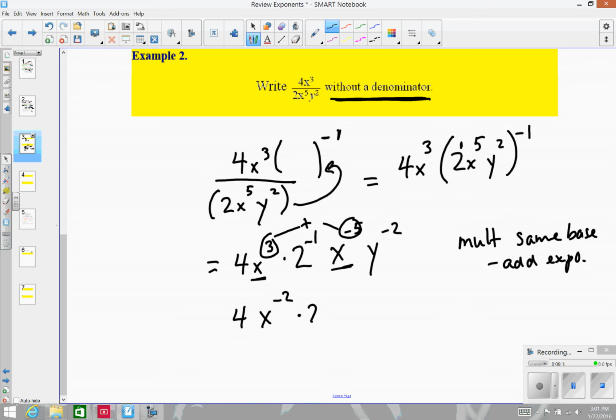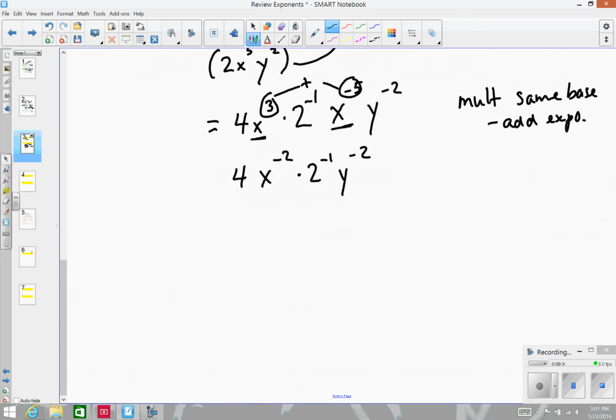And I still have this 2 to the negative 1, y to the negative 2. But I have numbers here and here, and if we think about it, we can rewrite our 4 with a base of 2. That way we'll have bases of 2 in common. So I'm going to replace my 4 with 2 squared. Still got my x to the minus 2 times 2 to the minus 1, y to the minus 2.